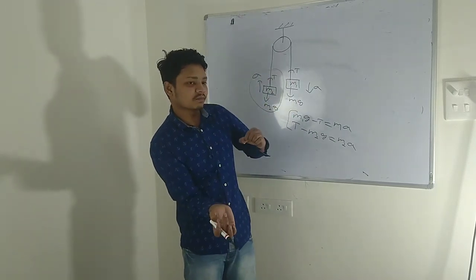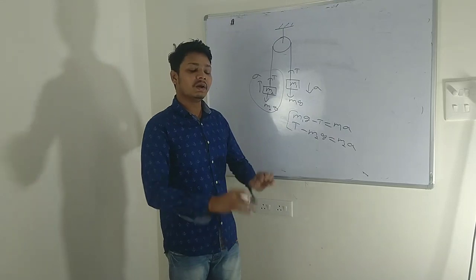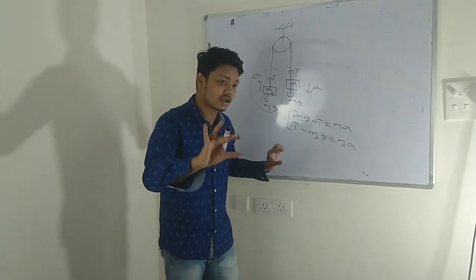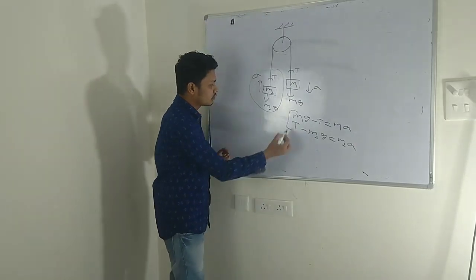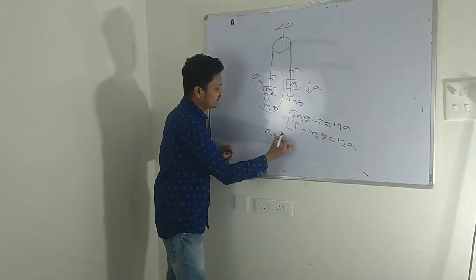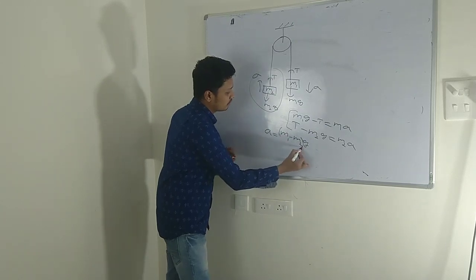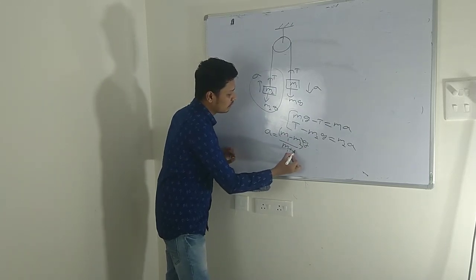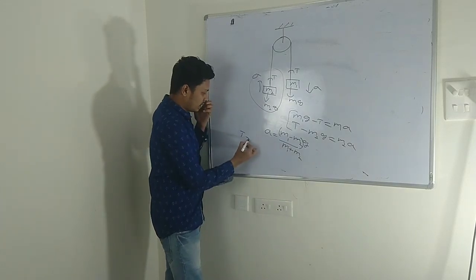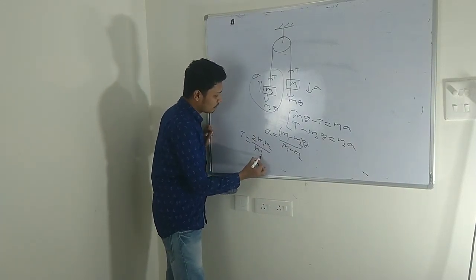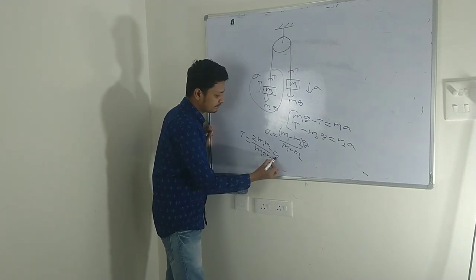If it is not the same string, tension will be different. If it is a massive string, then tension will differ. I will give you an example for that also. Now you solve it and you will get A is equal to (M1 minus M2)G by (M1 plus M2), and tension you will get 2 M1 M2 by (M1 plus M2) into G.